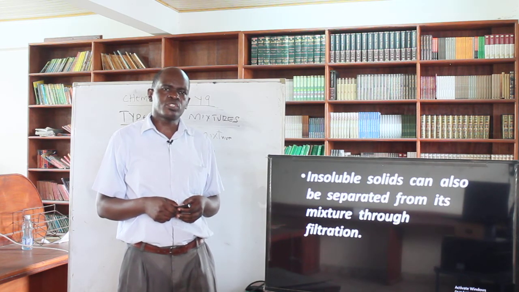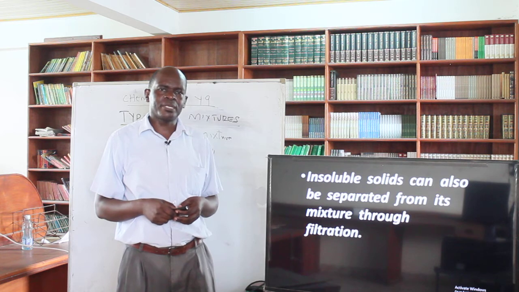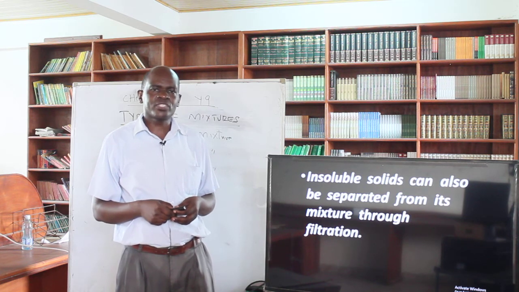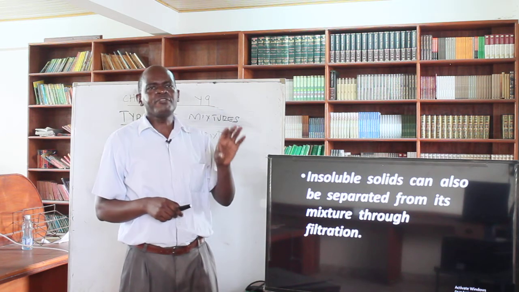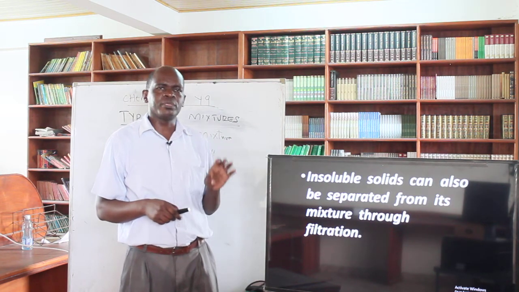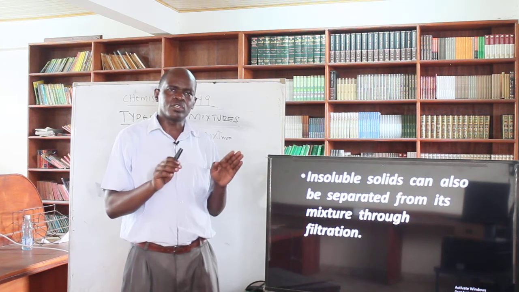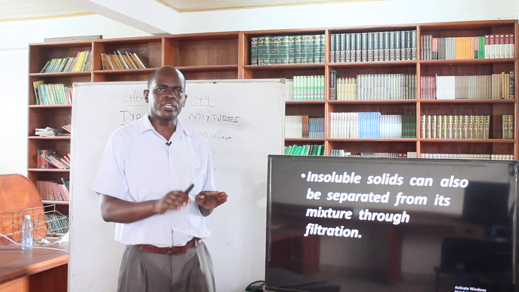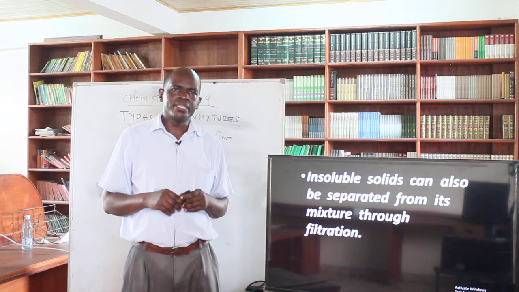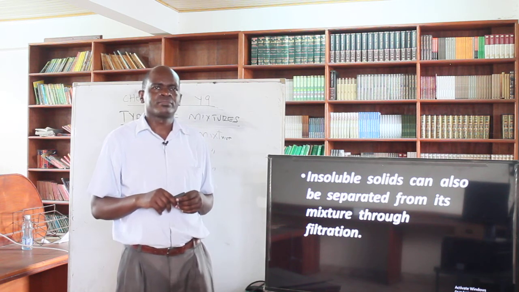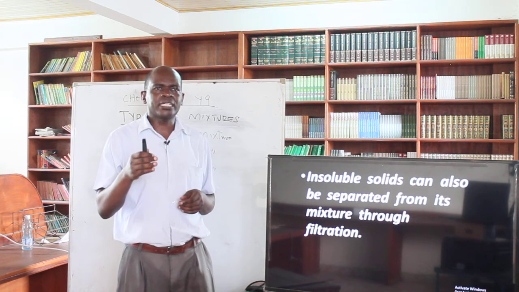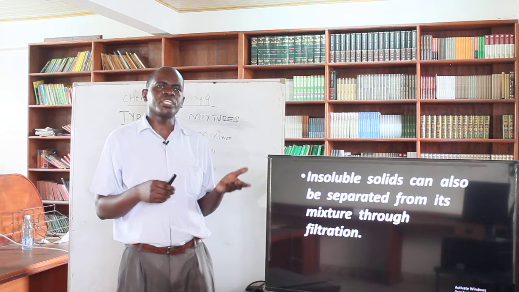Now, insoluble solids can also be separated from a mixture through what we call filtration. If you do not let the mixture settle so that you can pour off the water, then you can filter this mixture. We take so many things, for example, tea.